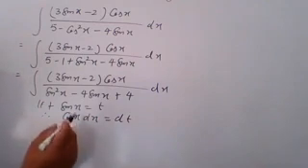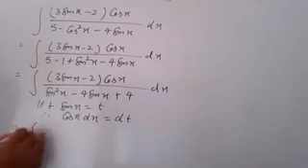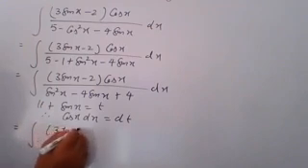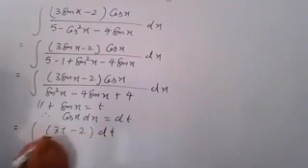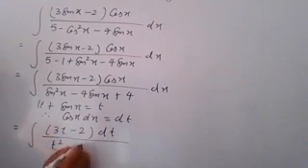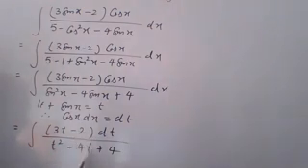Now putting that value in the given integral, you have (3t minus 2) dt upon t square minus 4t plus 4. Now that integral is in the form of px plus q upon ax square plus bx plus c. Getting everyone? Now this can be reduced in that form.